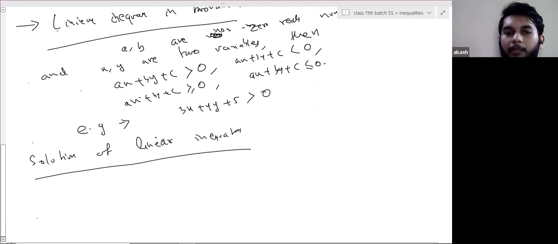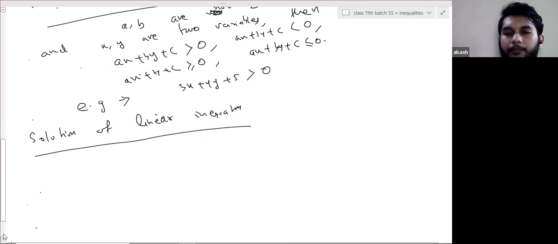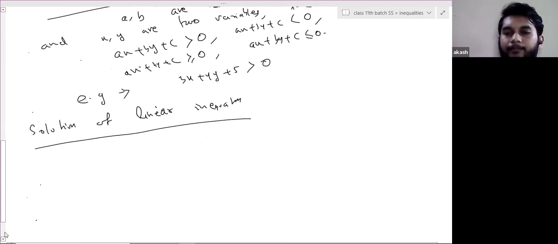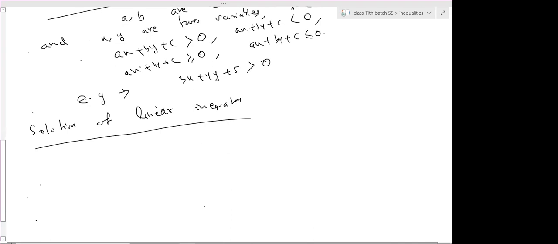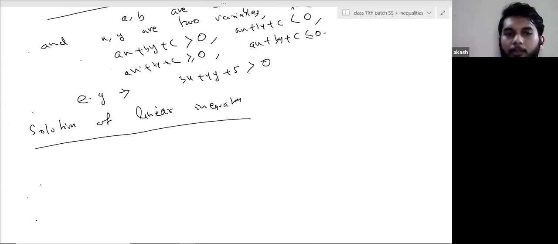Hiram, can you tell me what is the solution of a linear inequation? Values of the variable for which the inequation is true. Absolutely right.